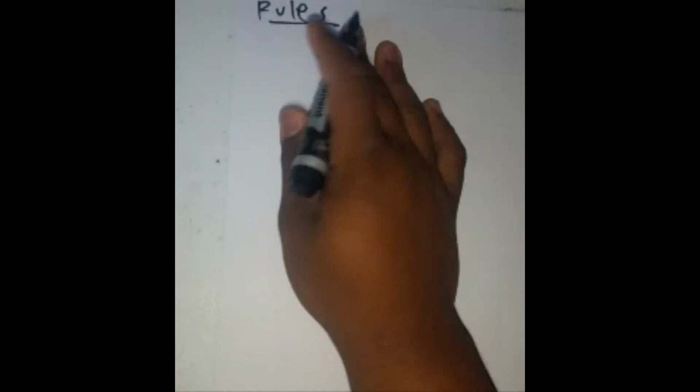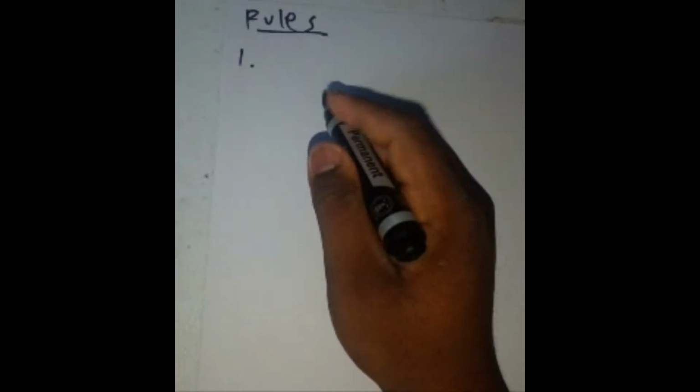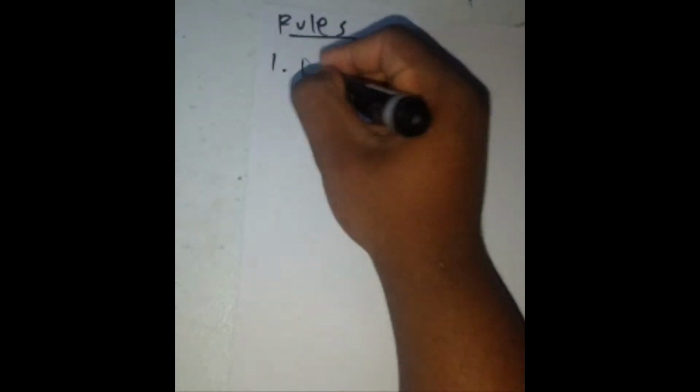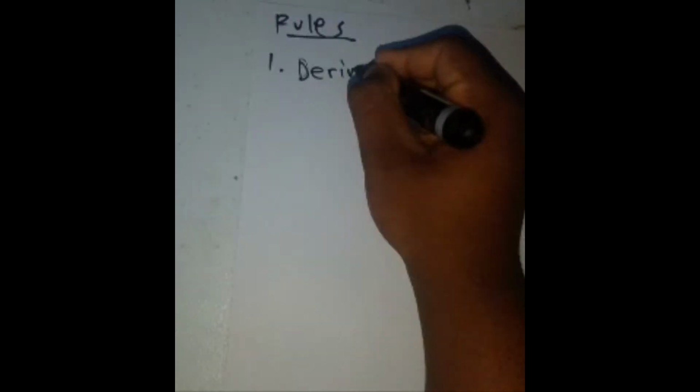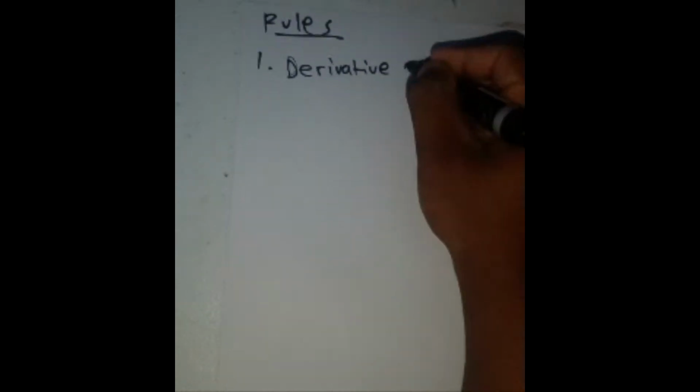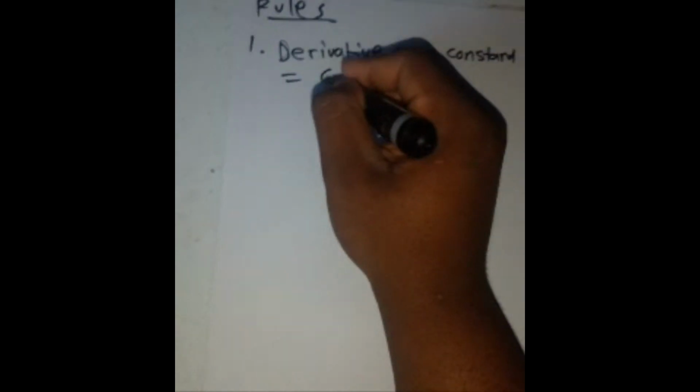Now let's check the rules. The first rule that I want you to check is that the derivative of a constant is what? 0.